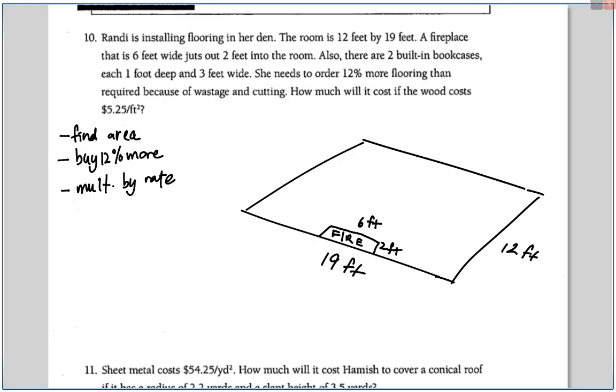And it says also there's 2 built-in bookcases, each 1 foot deep and 3 feet wide. So 3 by 1, 3 by 1, and these are the bookcases. So I'll put a B for bookcase.